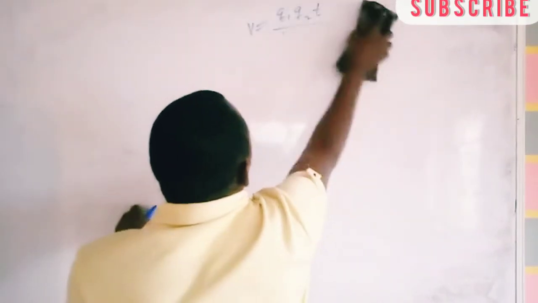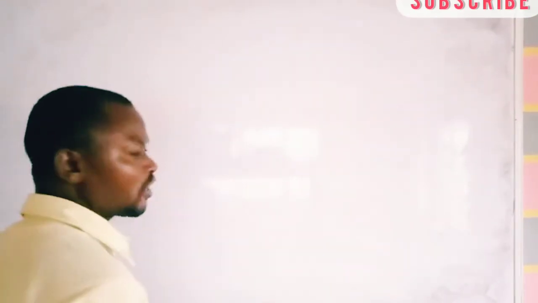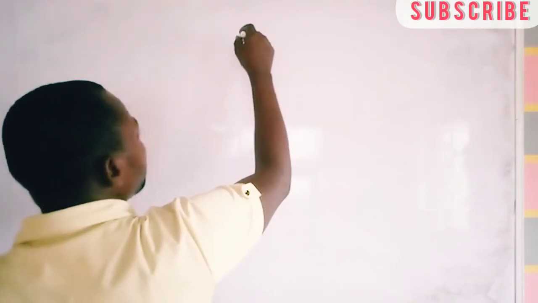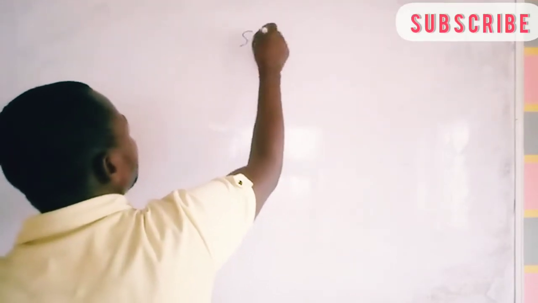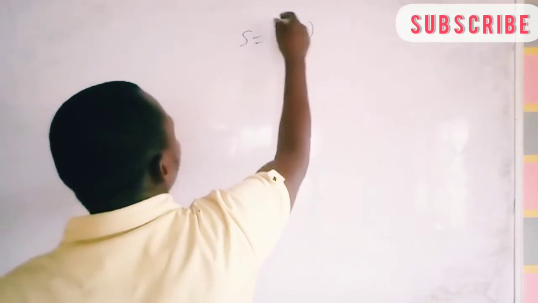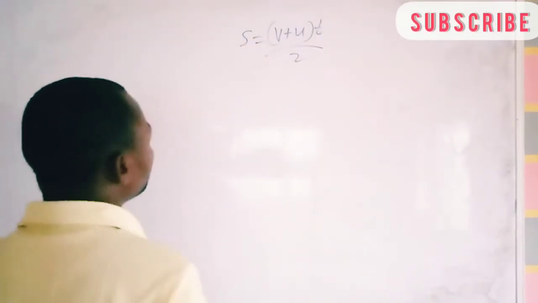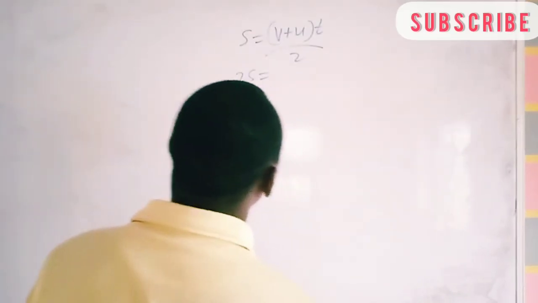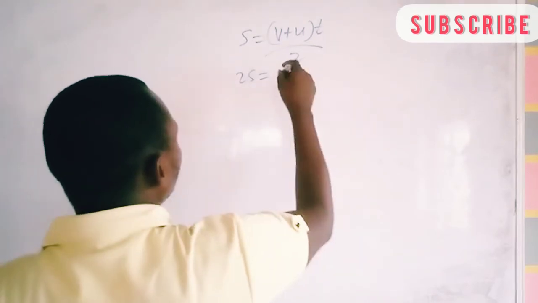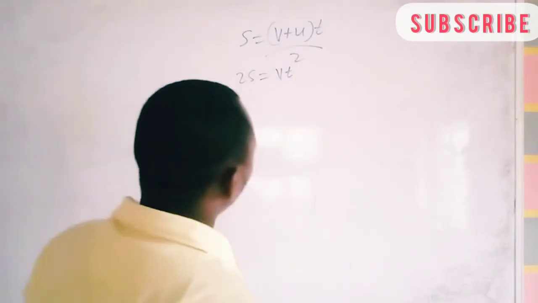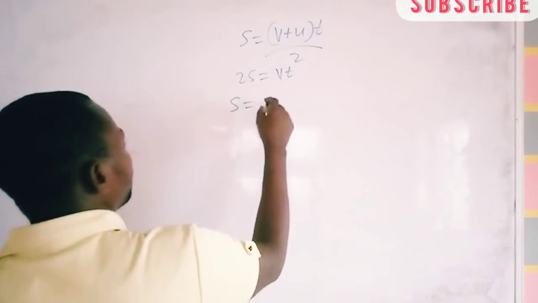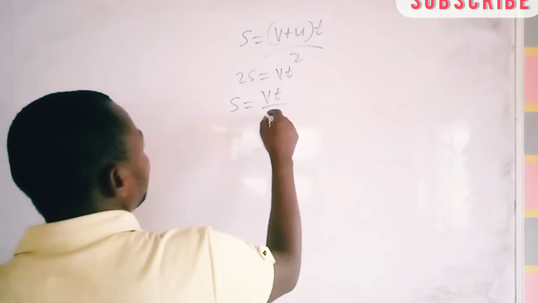Since we have two charges, to calculate the distance, we have to recall the fourth equation of motion, which says that S equals (V plus U) T over 2. So 2S equals, if the initial velocity U is 0, then we have Vt. So our S equals Vt over 2.